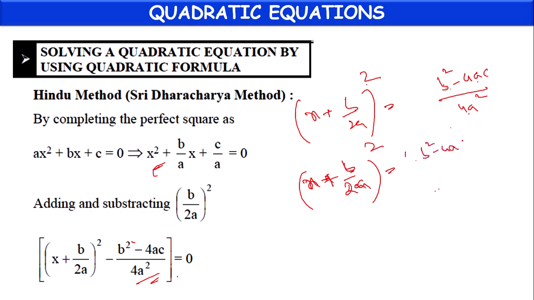b square minus 4ac by 4a square, what we can do means, we can keep it under root, we can keep plus or minus, and we can keep whole square, because plus whole square means it will become plus, minus whole square also it will become plus.